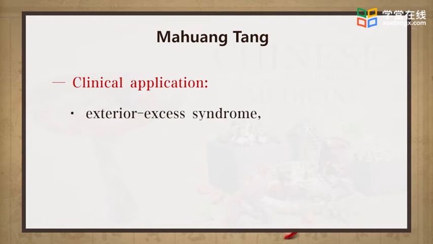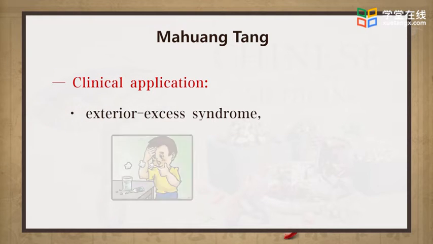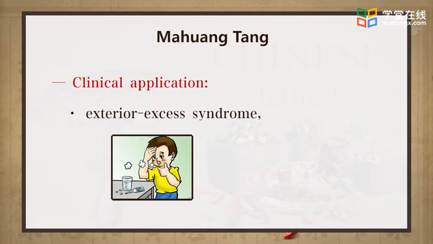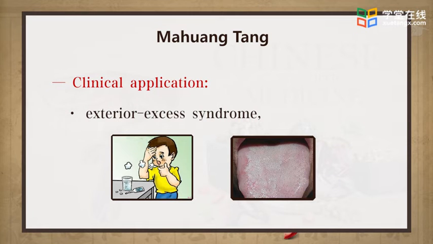This recipe is for exterior excess syndrome due to exogenous wind cold, marked by aversion to cold, fever, headache, general aching, dyspnea without perspiration, thin and whitish tongue fur, and superficial and tense pulse.